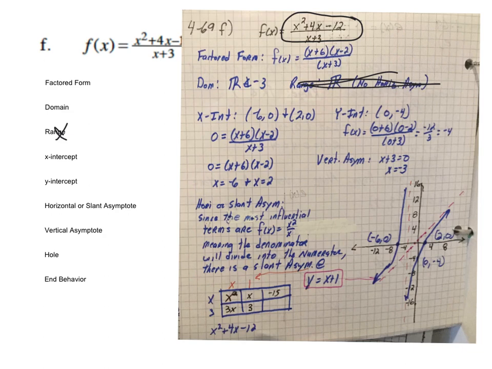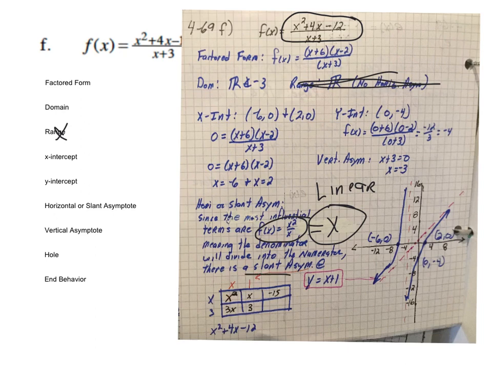And I should probably clarify, provided that the degree of the numerator is just one value larger than the degree of the denominator, you'll have a slant asymptote. If you analyze the most influential terms, you'll see that x would go into x squared x number of times. So you're going to end up with some type of linear slant asymptote.